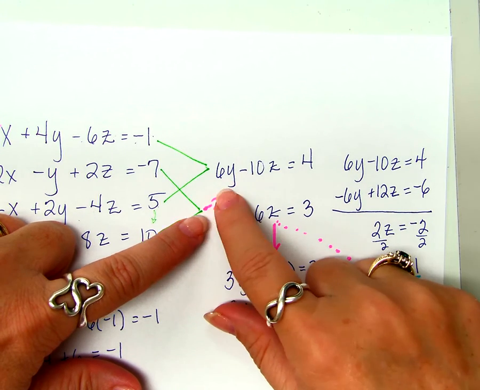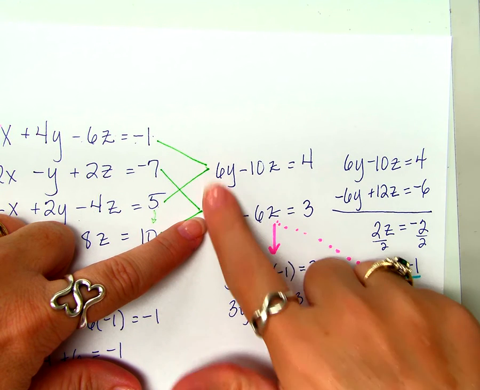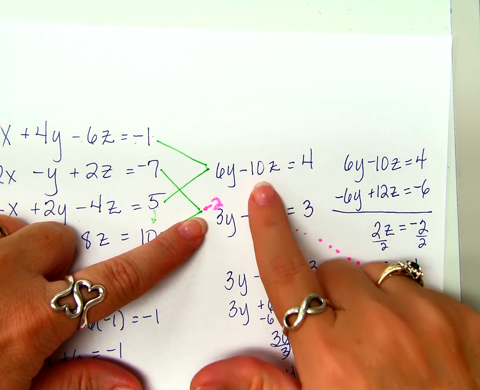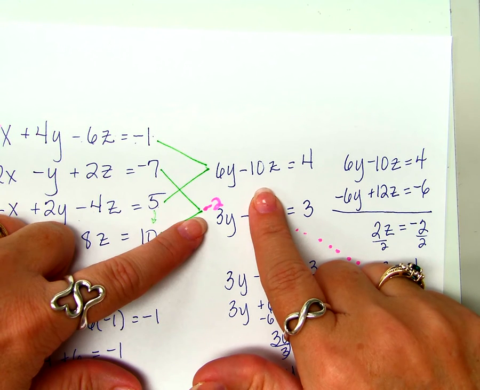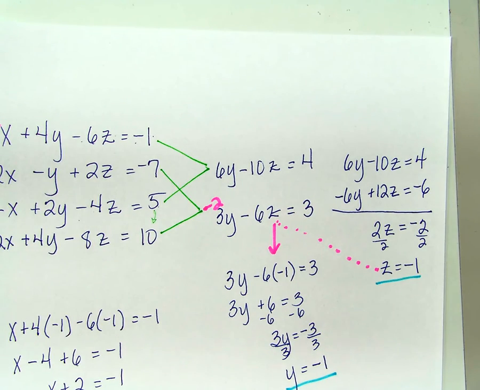If this was negative 6y plus 10z, wouldn't the y's go to 0 and the z's go to 0? So it would be 0 equals 7. Does 0 equal 7? Will 0 ever equal 7? No. What do we do if that happens? We write no solution and go to the next problem.